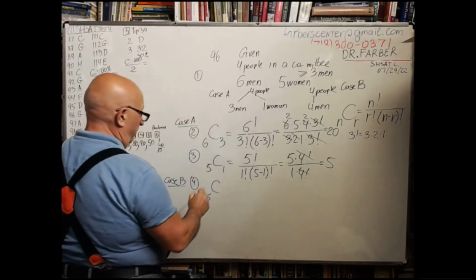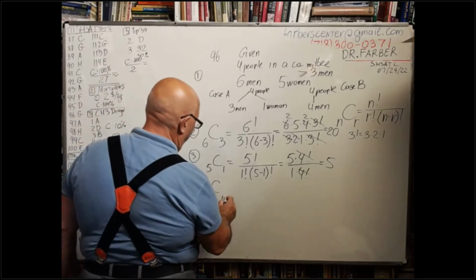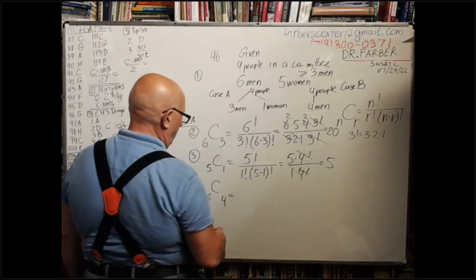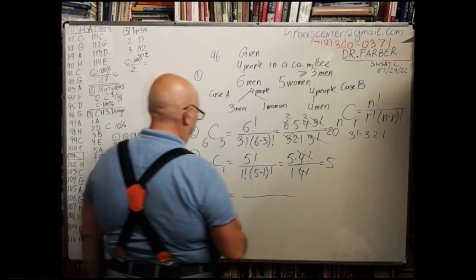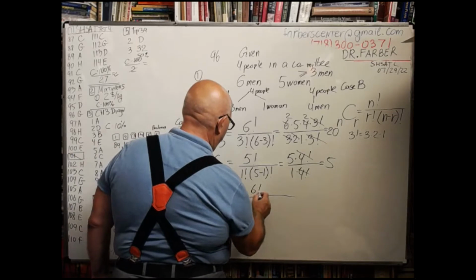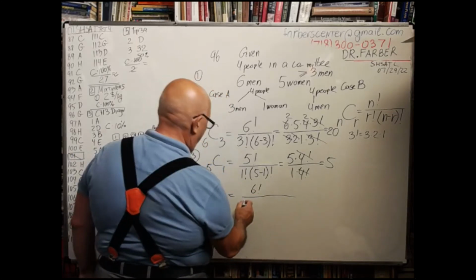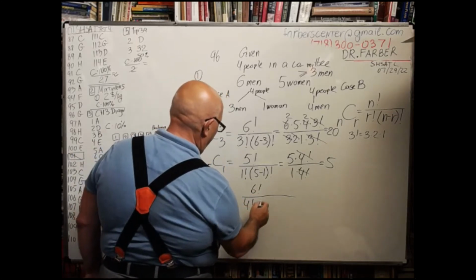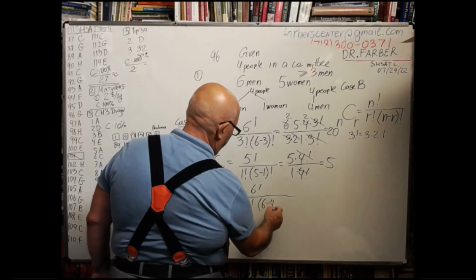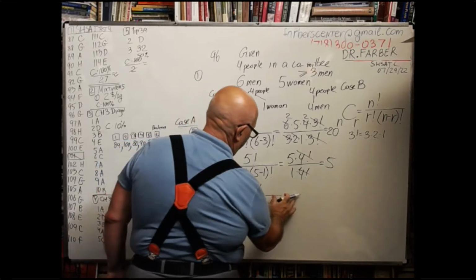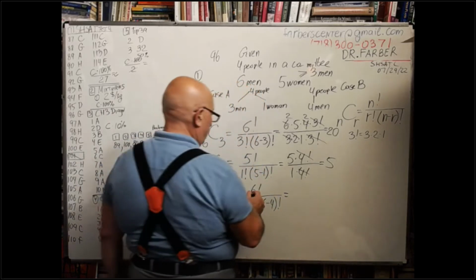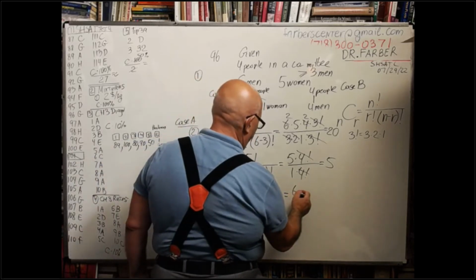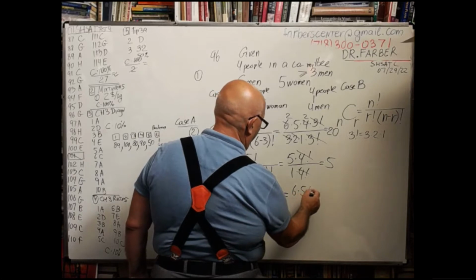Out of 6 by 4, what is it? It would be 6 factorial divided by 4 factorial multiplied by 6 minus 4 factorial, which is 6 times 5 times 4 factorial.